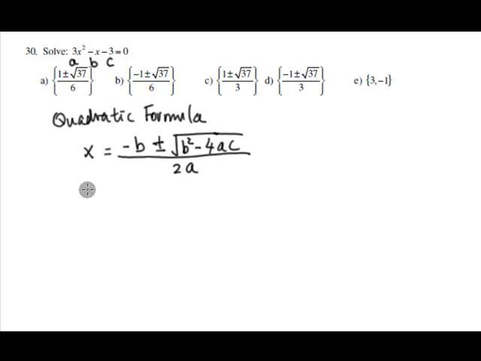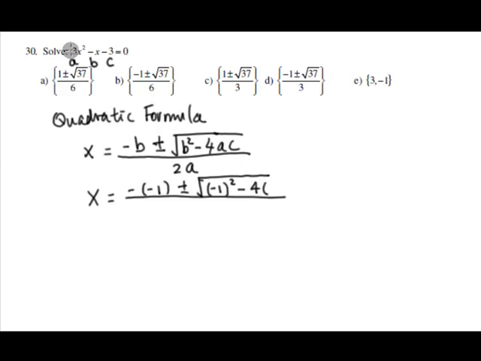So when I plug it in, I'm going to end up with, b is negative 1, so I will have minus a negative 1, plus or minus b squared, which is negative 1 squared, minus 4ac.